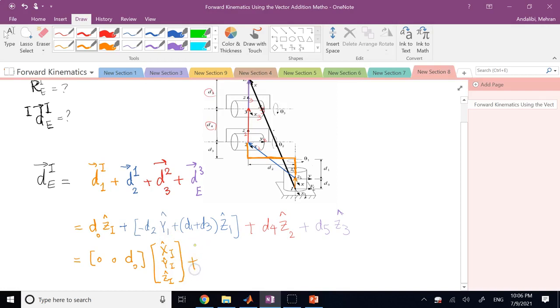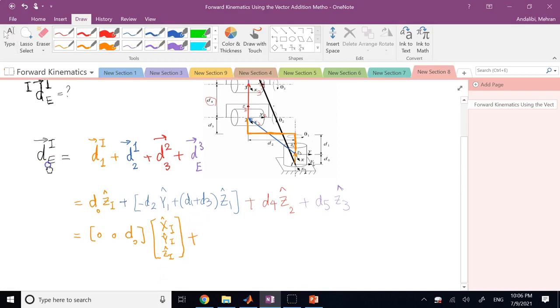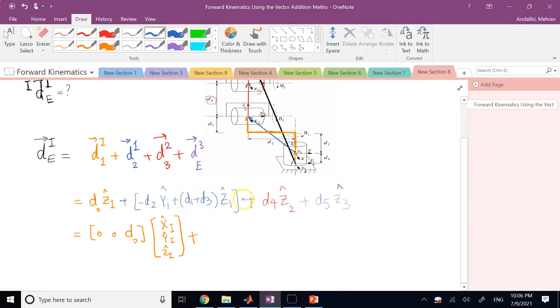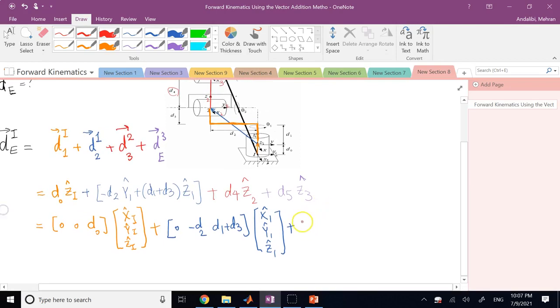Plus, how can I write the blue vector? The blue vector, this whole thing, is 0, negative d2, and then d1 plus d3 times x1, y1, and z1. Plus, what's the one in red?